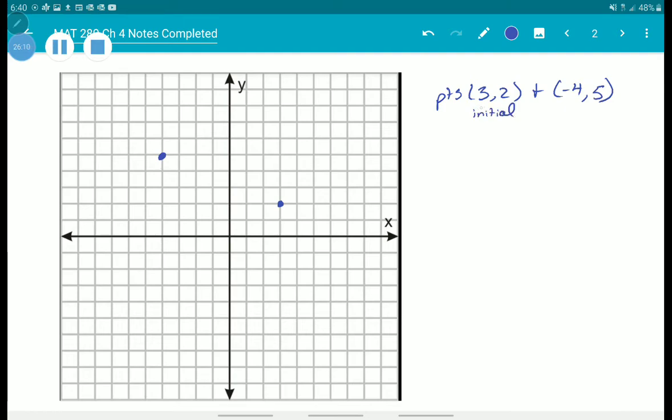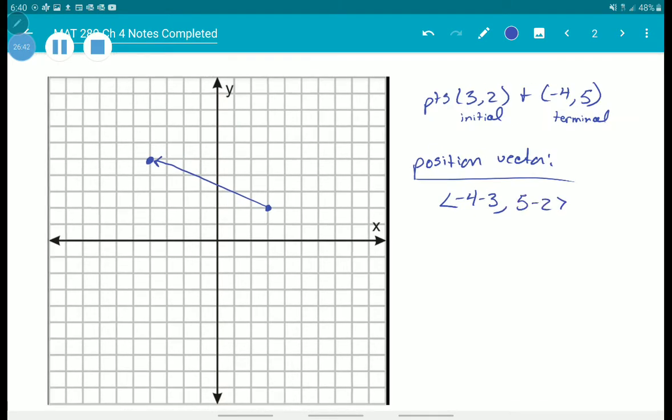So we have a vector that's starting at 3, 2 and ending at -4, 5. So this vector would look something like this. So to find the position vector, remember it's terminal minus initial. So it's going to be -4 minus 3, and then 5 minus 2 for the components. So we're going to have -7, 3.